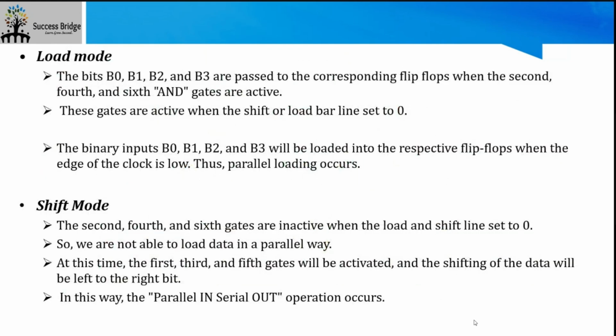So as you can see, there is a load mode where all the inputs are passed to the corresponding flip-flops when the second, fourth, and sixth AND gates are active. So these gates are active when the shift or load bar line is set to 0.